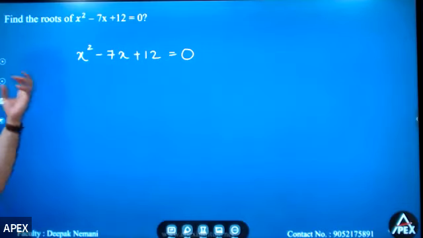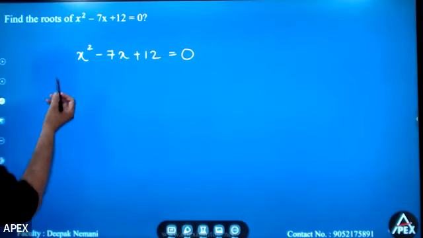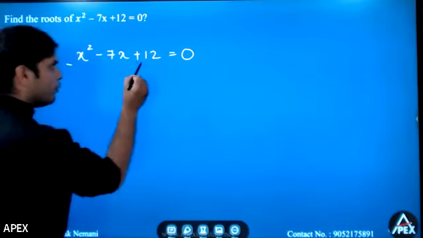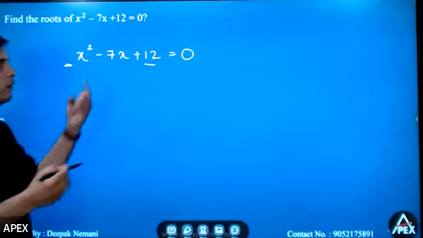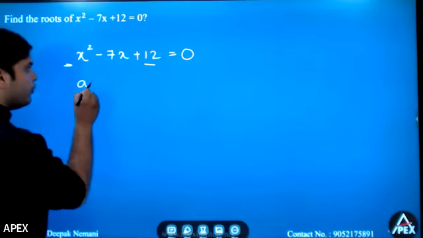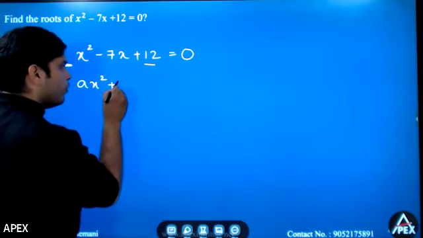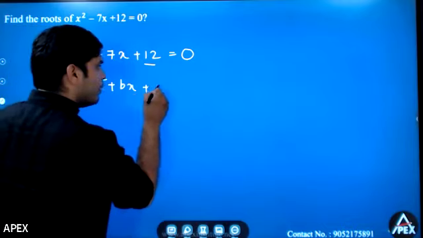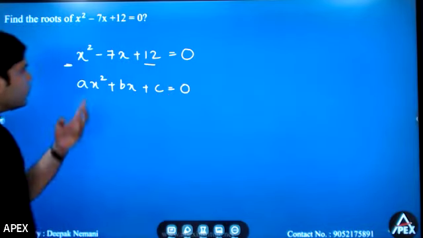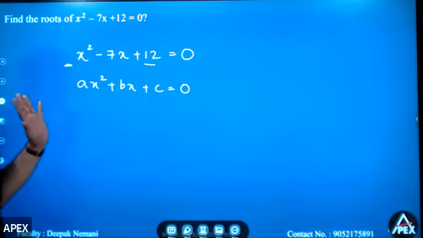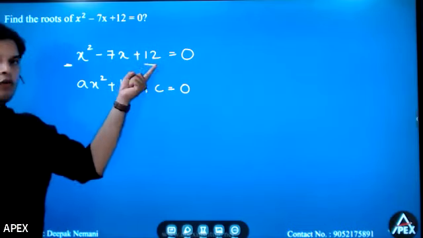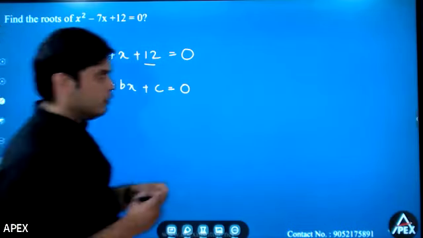Okay, so our focus should be on the product of these two, the product of a and c. Okay, compare this with ax square plus bx plus c is equal to 0. So here the value of a is 1 and the value of c is 12. So our focus should be on the product of these two. So 1 into 12, 12.